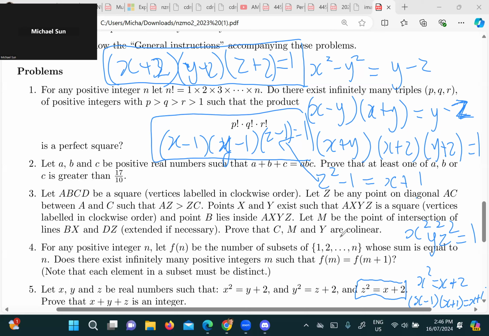So the absolute value of x, y, z is 1, right? So maybe we can find the way to express the contradiction.